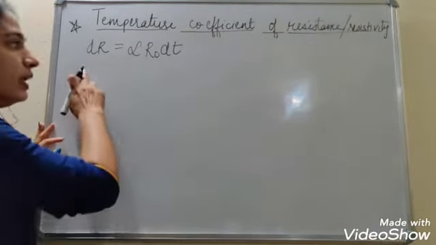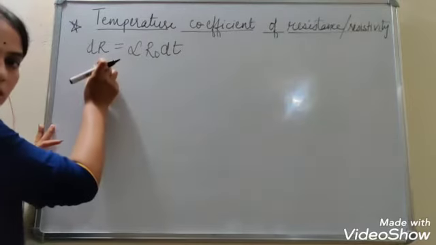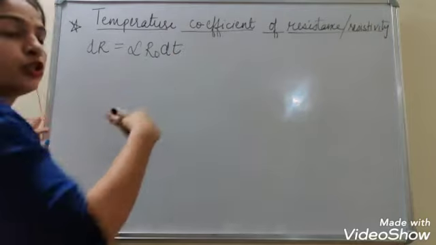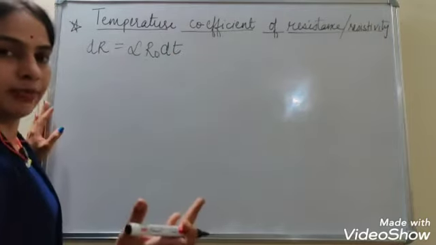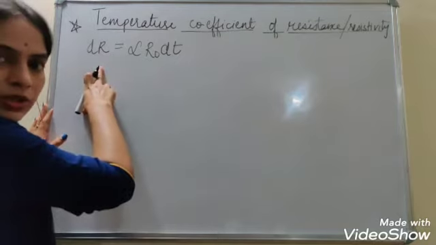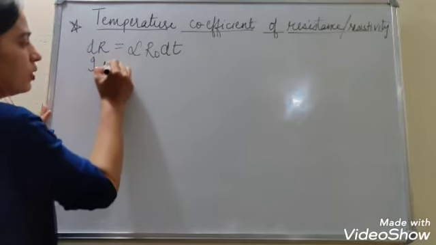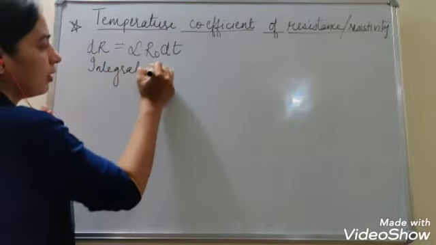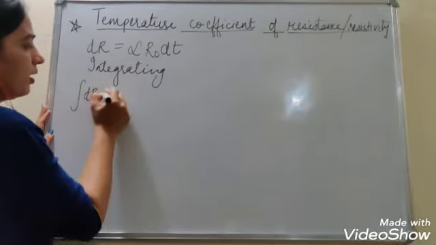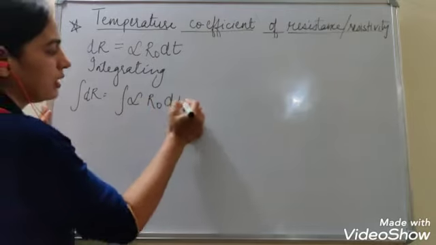So we have dR is alpha R naught dT. This is the small change in resistance for a small change in temperature dT. So for the total change in temperature, that is from T naught to T dash, what will be the change in resistance? Integrating both sides, we get the integration of dR is the integration of alpha R naught dT.